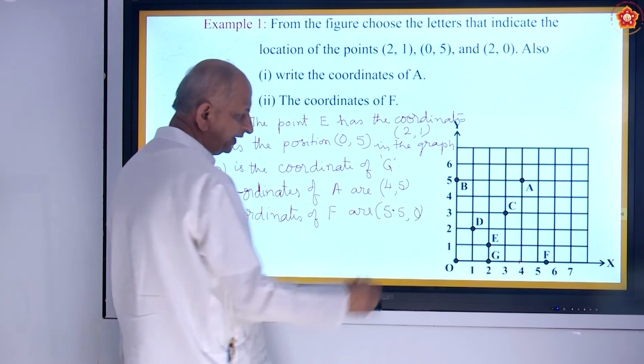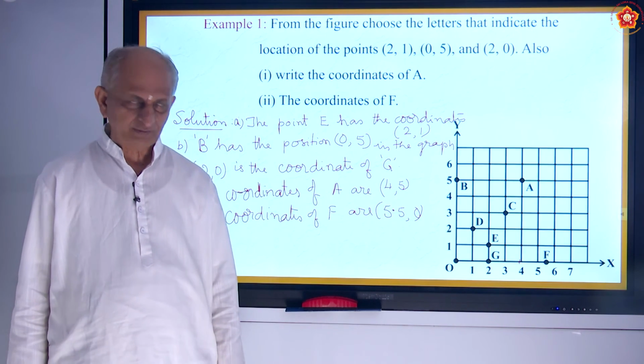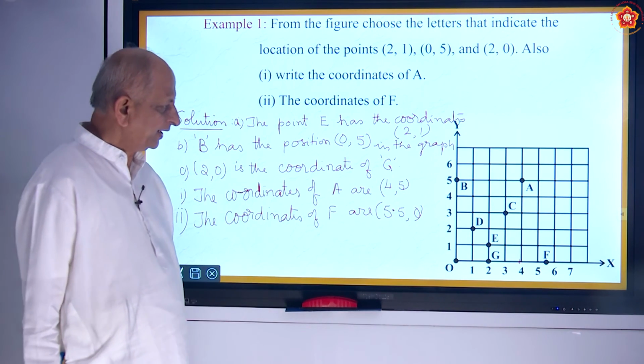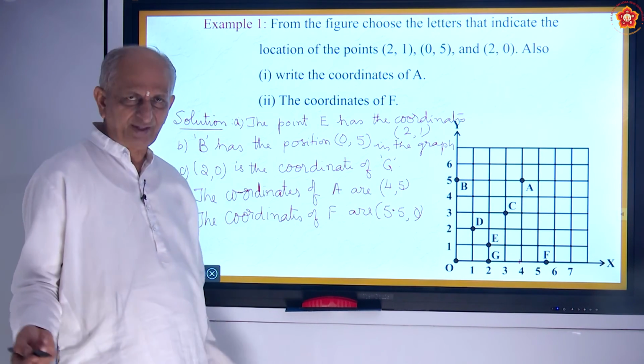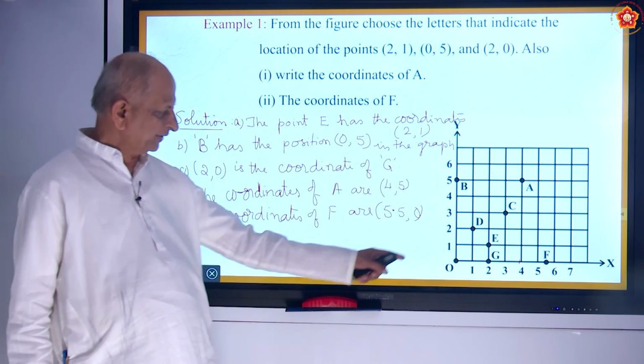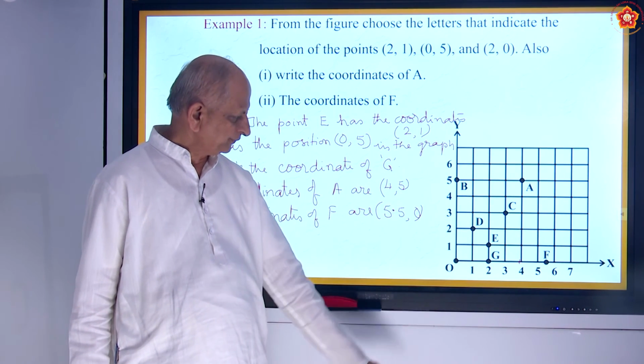It is lying on the x-axis, therefore 0. And 5.5 why? Because it lies in between 5 and 6. Correct? Can you do like this? Your other points also you can try. Coordinates of D, come on. 1, 2, correct?